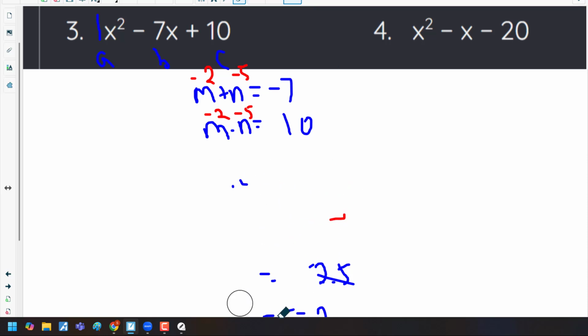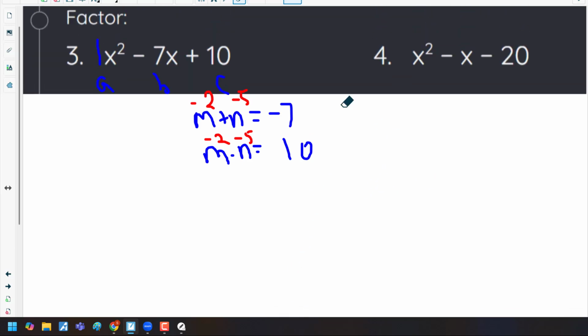So now that I have that, what I'm going to do is I'm going to split that middle term there. We're going to have x squared, minus 7x, so minus 2x minus 5x plus 10.